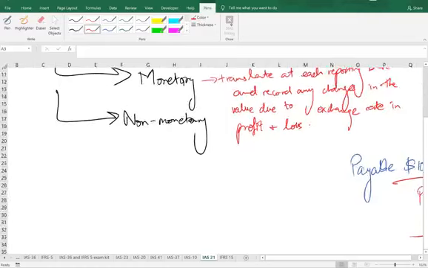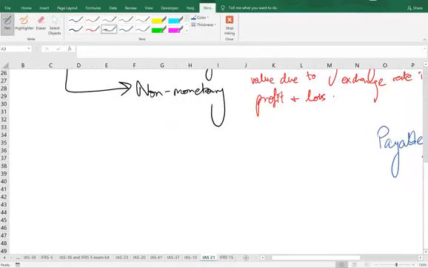As for the non-monetary items, guys, remember non-monetary items do not need to be retranslated at reporting date.